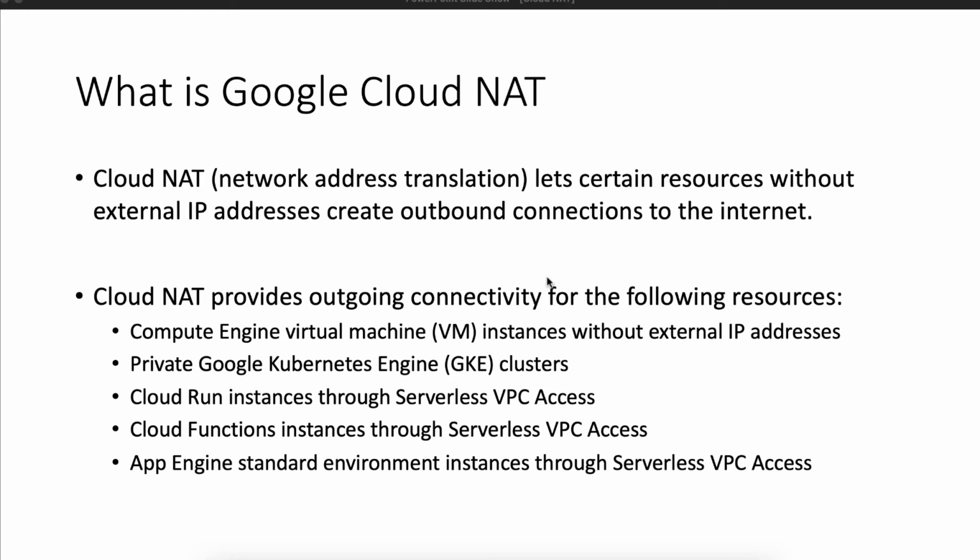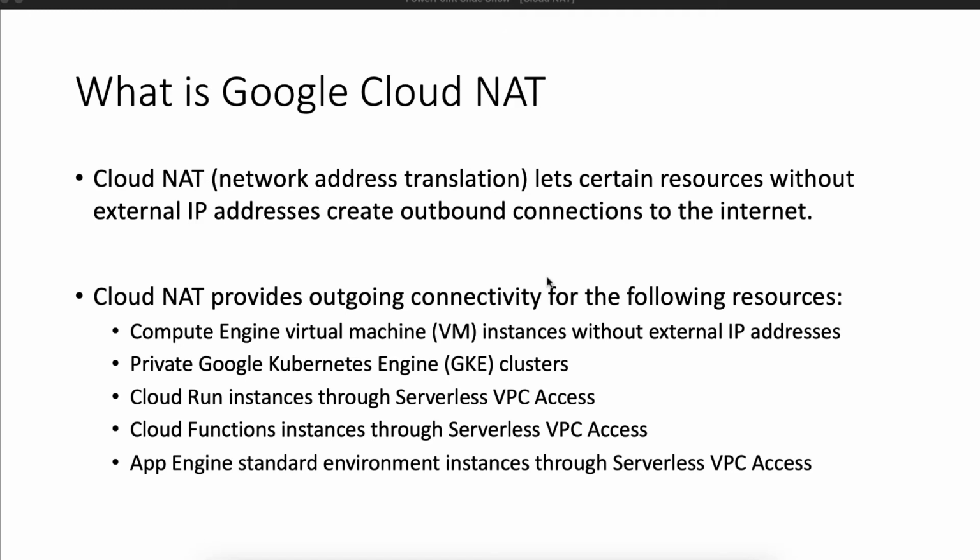When I say certain, I mean infrastructure as a service resources, like your virtual machines, or in cloud you have Cloud Functions, or your Cloud Run services, all those things. At the end of the day, even though they are serverless, they are still infrastructure. So it allows you to access the internet from the workloads that you deploy on your infrastructure components.